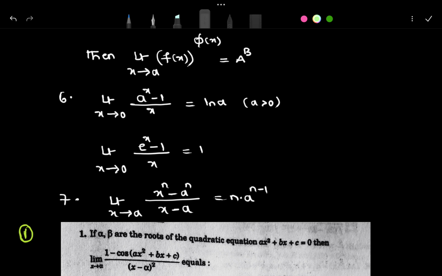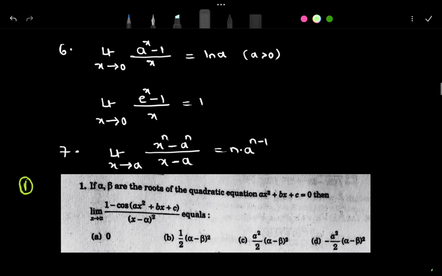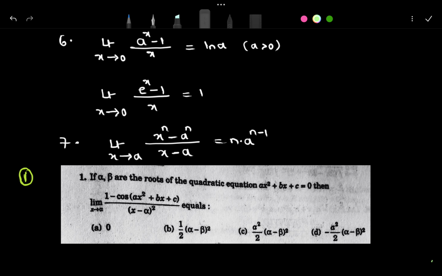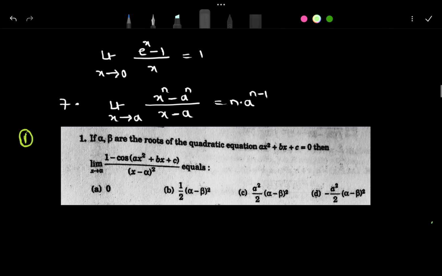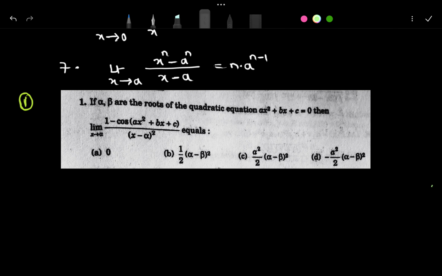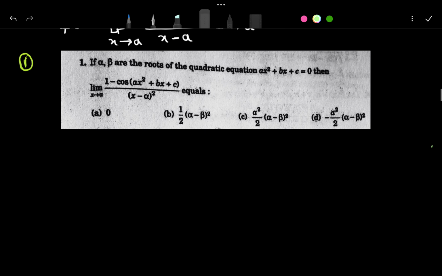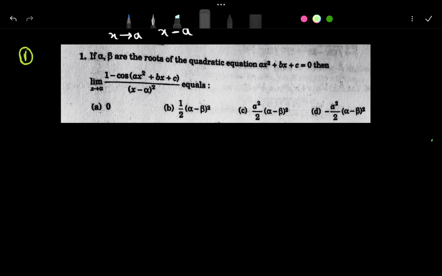Now we are going to discuss one of the most important questions in limits. If alpha, beta are the roots of the equation ax square plus bx plus c is equal to 0, then limit x tends to alpha of 1 minus cos of (ax square plus bx plus c) whole divided by (x minus alpha) whole square.